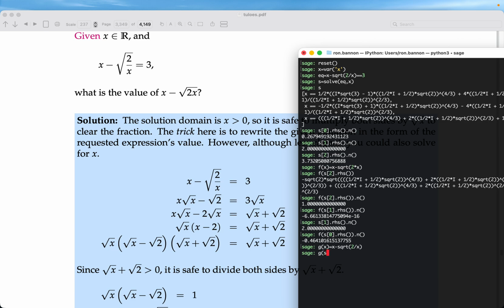So I'm going to do s of 0, right-hand side, and I'm going to approximate it. It should be approximately 3. What do I get? That's an extraneous solution. It's not the correct one. Let's do the next one.